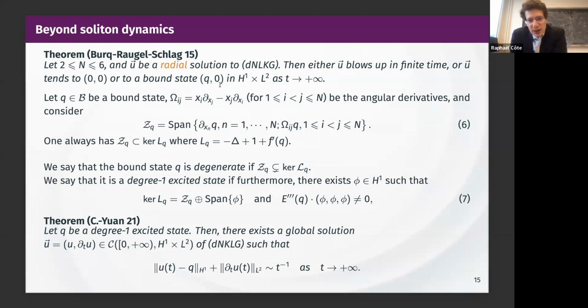Now, if you look at excited states, then the convergence, even to one excited state, can be very slow. If you look at the theorem below, you see that you can construct a global solution which converges, so it's not Q, it's Q0, which converges to an excited state, and the rate is exactly t to the -1.